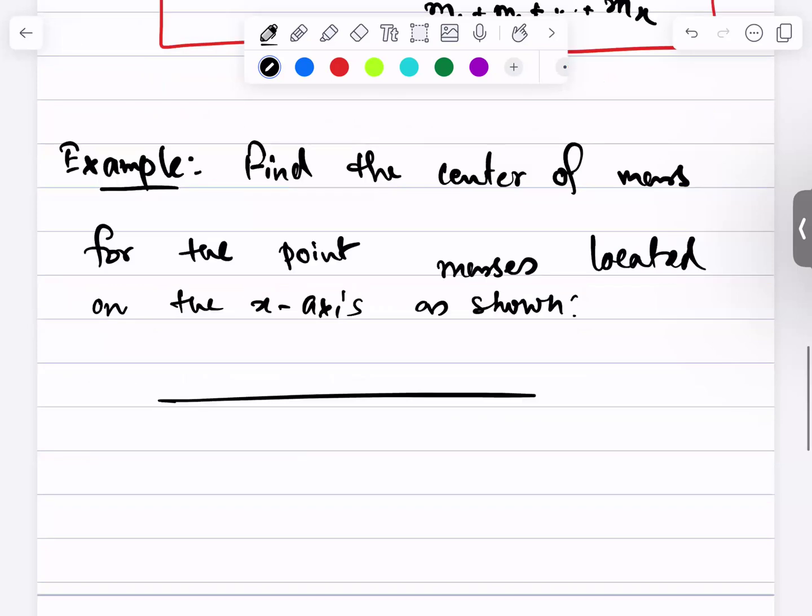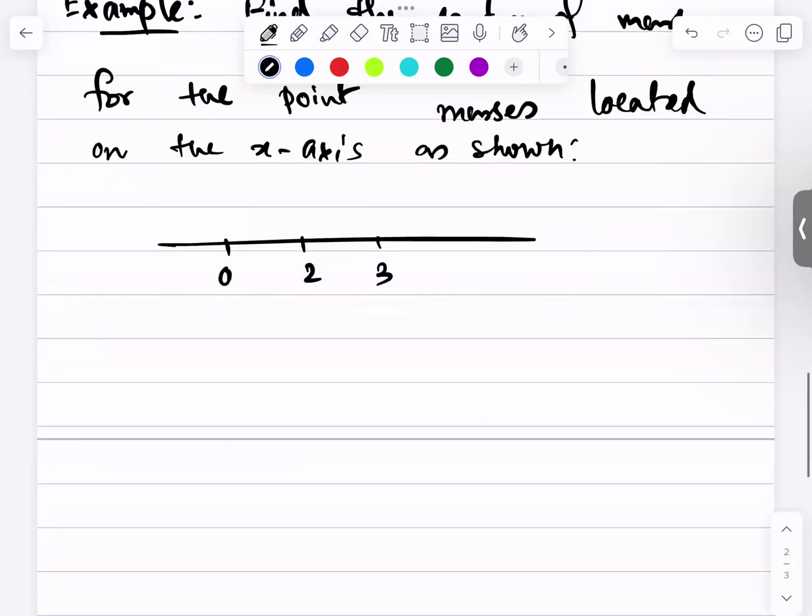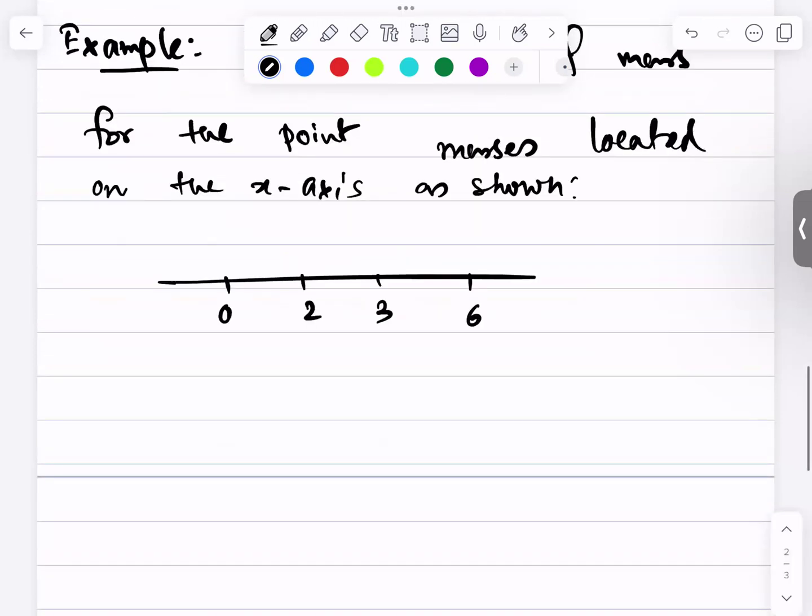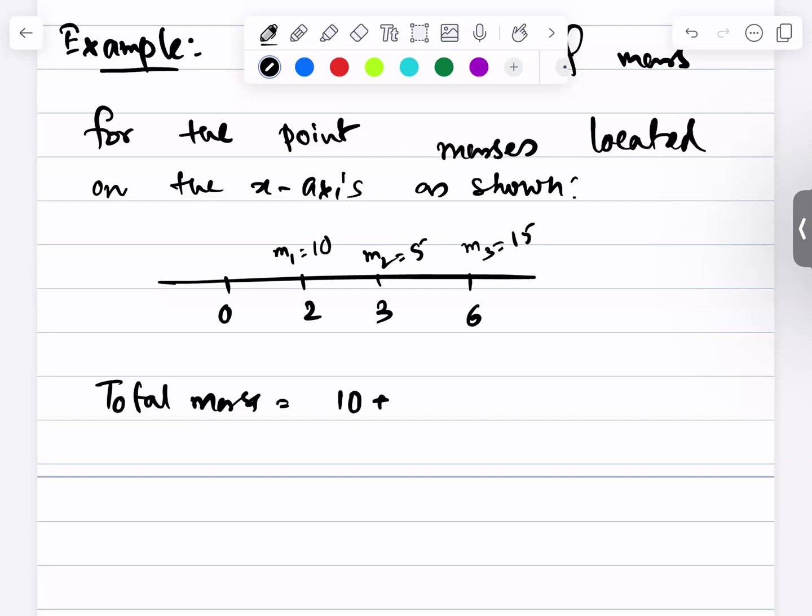Say I have 0, 2, 3, and 6. These are my points. At 2, I have a mass m1 of say 10, m2 of say 5 at 3. At 6, I have m3, which is 15 units. So what is the total mass? Total mass will be just the sum of all these: 10 plus 5 plus 15, which is 30.